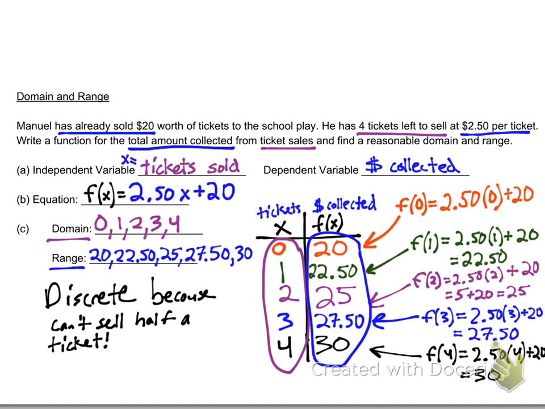Remember, when it's a discrete function, the domain and range are going to be values like this. They might not be integer values. Notice we have 22.50, but they will be separate values. If it was continuous, which a lot of times when time is the independent variable, it's a continuous function, then we would write a continuous domain and continuous range.